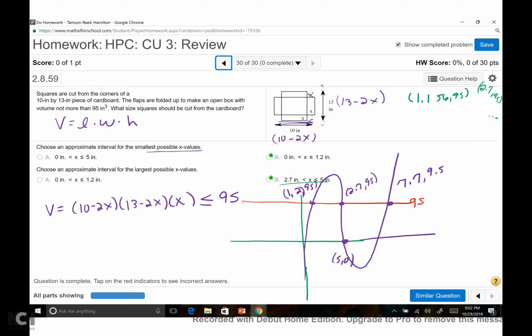Okay, so let's see if we can make sense of this. All right, the smallest possible x values. Well, here it's less than 95. Here it's less than 95. And here it's less than 95.